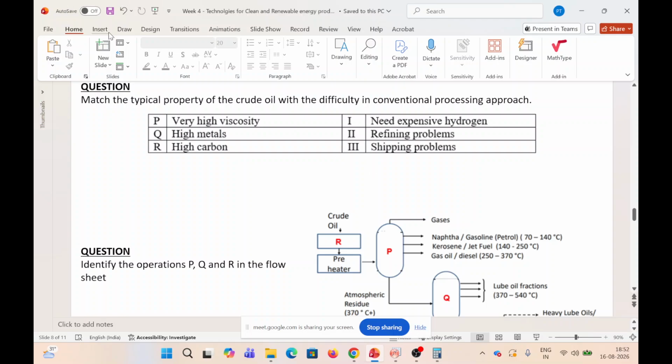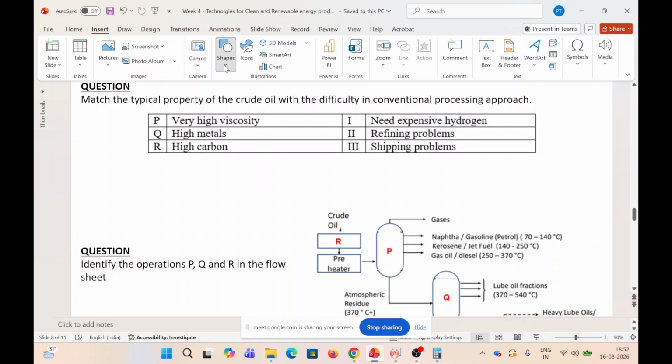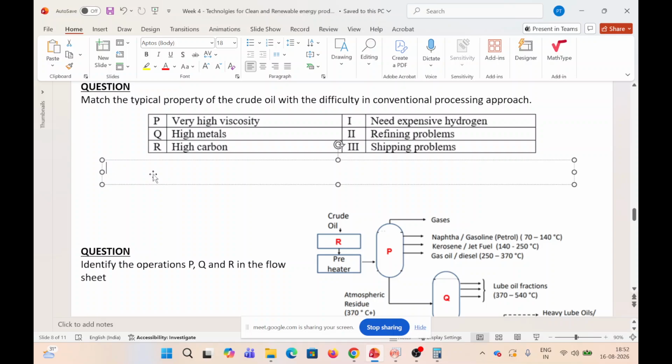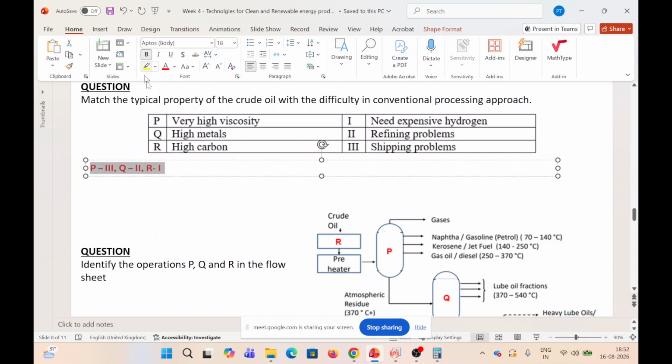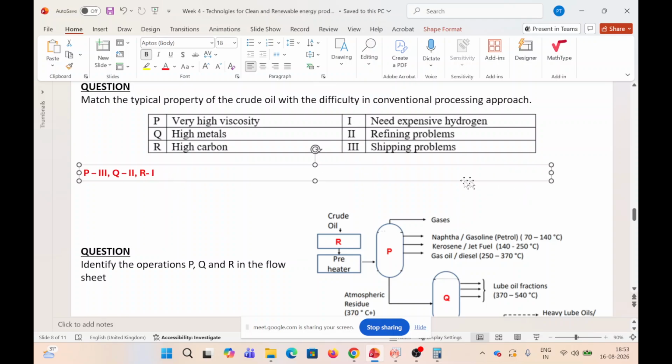The answers are: P is 3, Q is 2, and R is 1. Any questions, or shall we move forward to the next one?